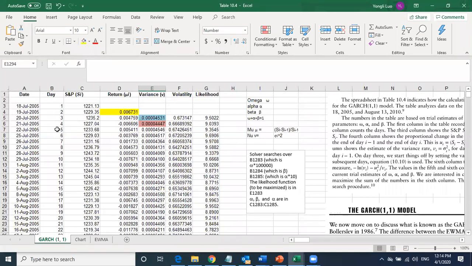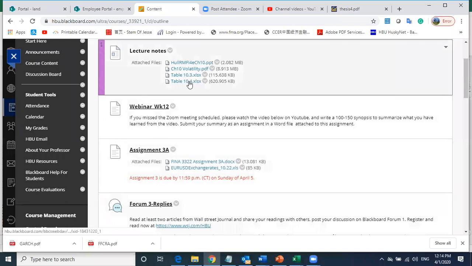So you get the data, which is table 10.4. That's where you got the data from. Good. Any questions?